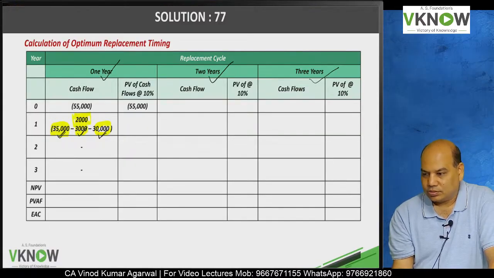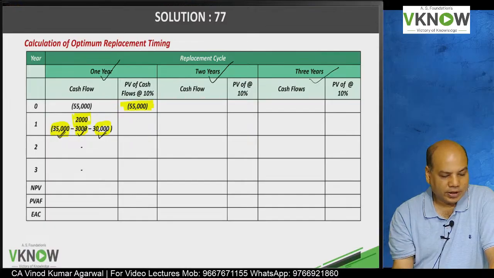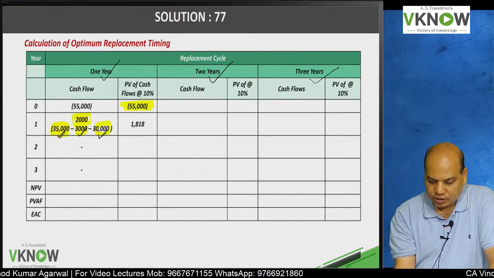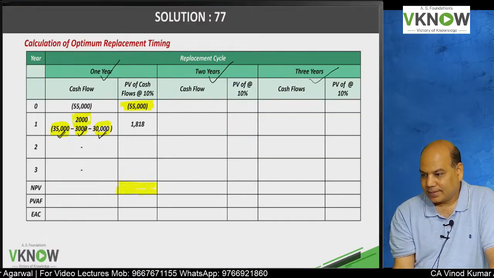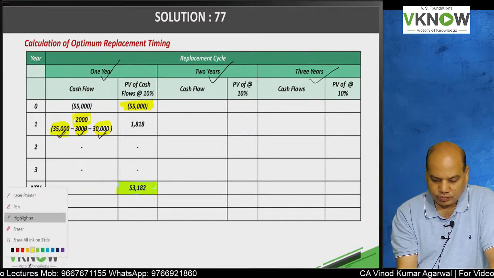Compute present value. 55,000, and 2,000 divided by 1.10 is 1,818. Take the total and you will get NPV, which is negative 53,182.